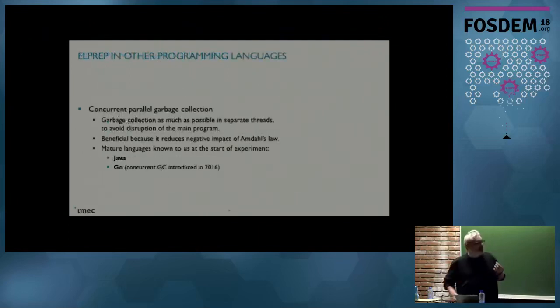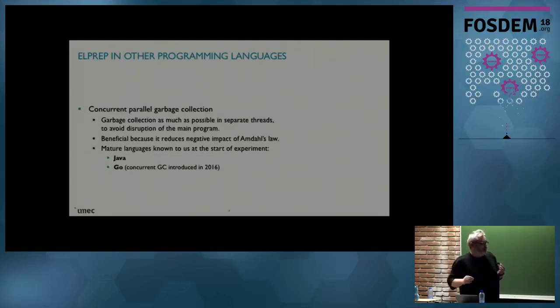So concurrent parallel garbage collection, what is this? The idea of a concurrent garbage collector is that it doesn't stop your main program, or interferes with it as little as possible, and runs in parallel with the main program. And the idea of a parallel garbage collector is that the garbage collection itself is parallel.